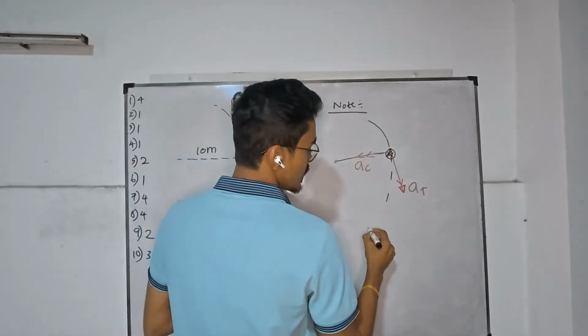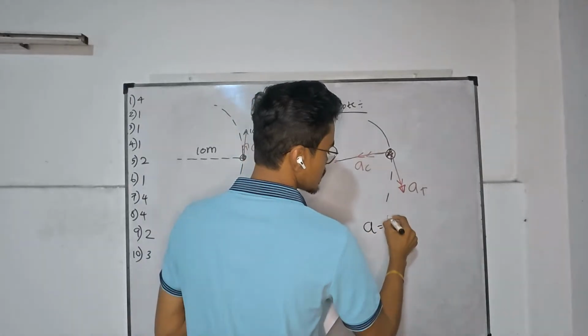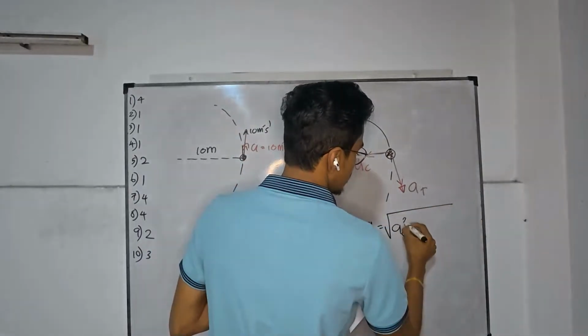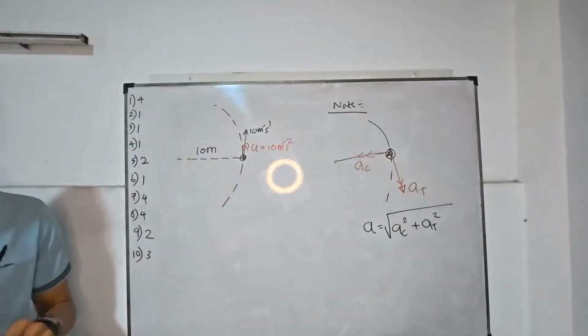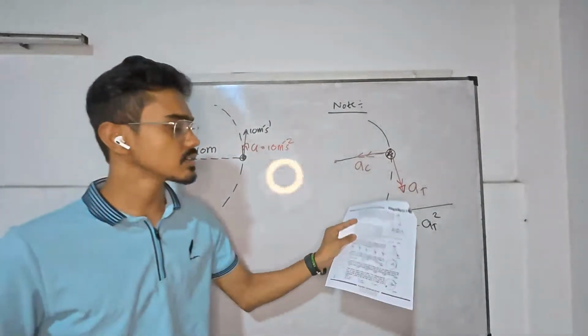Therefore, the resultant acceleration of a circular motion is the resultant of these two.